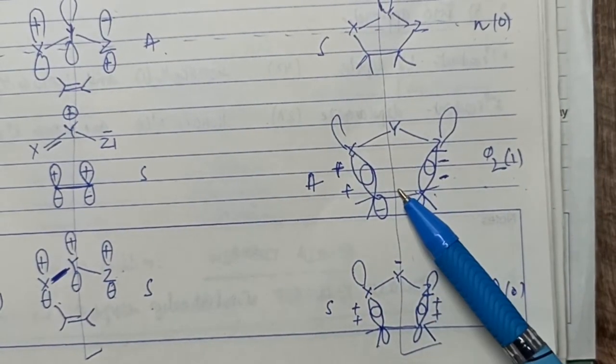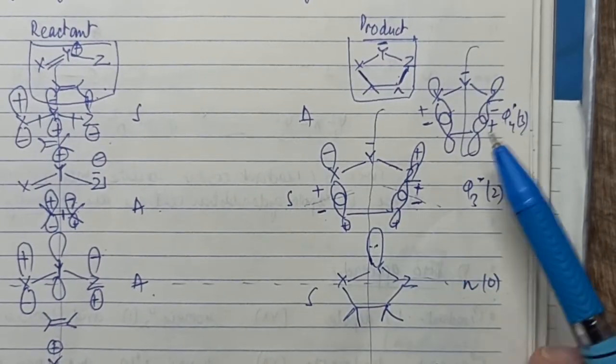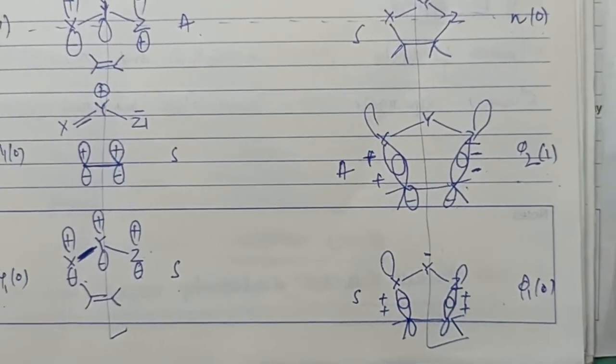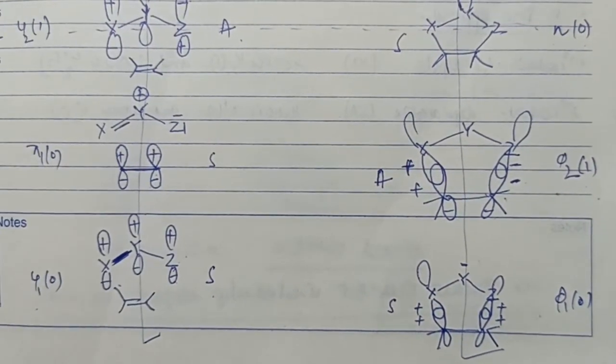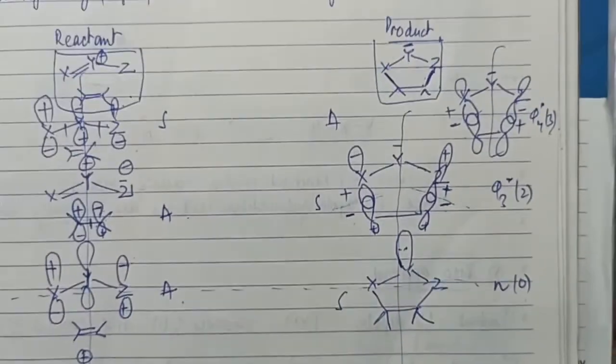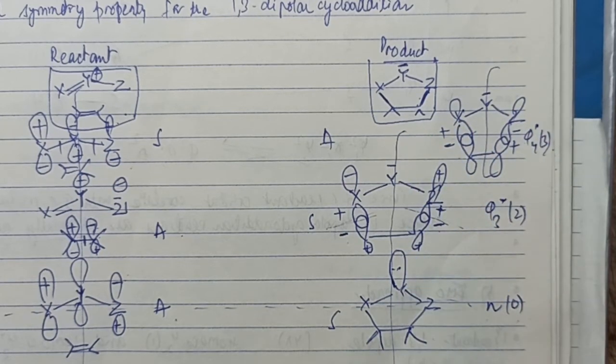First two orbitals are sigma bonding, then comes the non-bonding, then comes the sigma anti-bonding orbitals. And you know how to draw these orbitals. We have practiced this in the OCD approach previously also. Now I need to assign the symmetry property to these orbitals. Again, the symmetry operation chosen was the mirror plane. This is the mirror plane of symmetry.